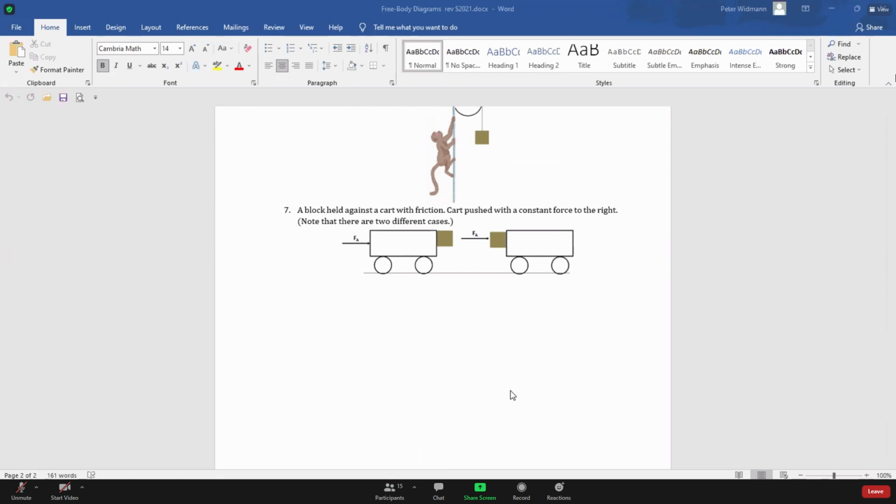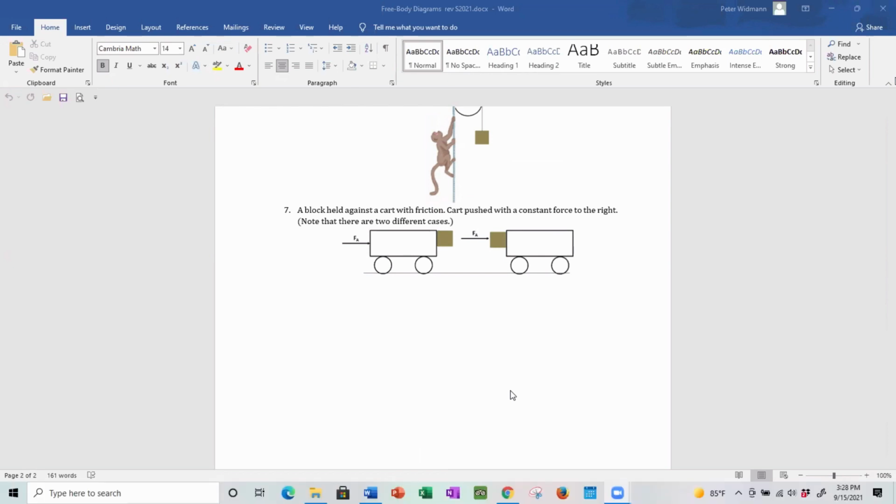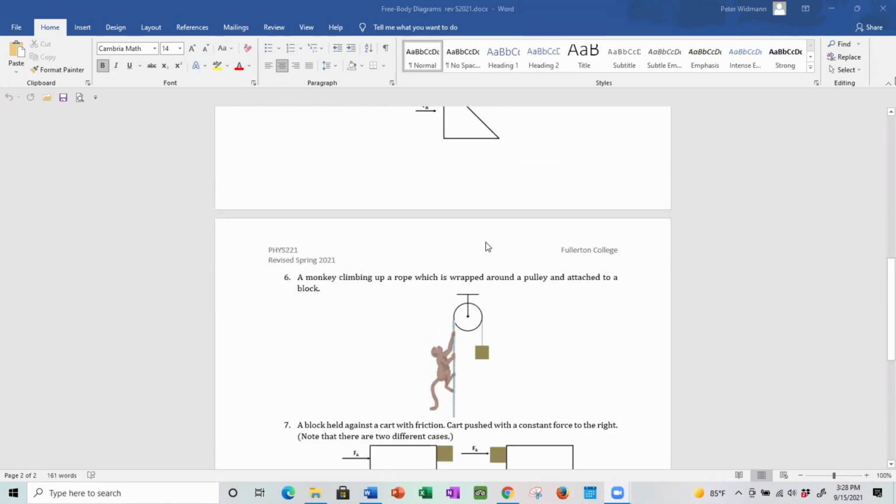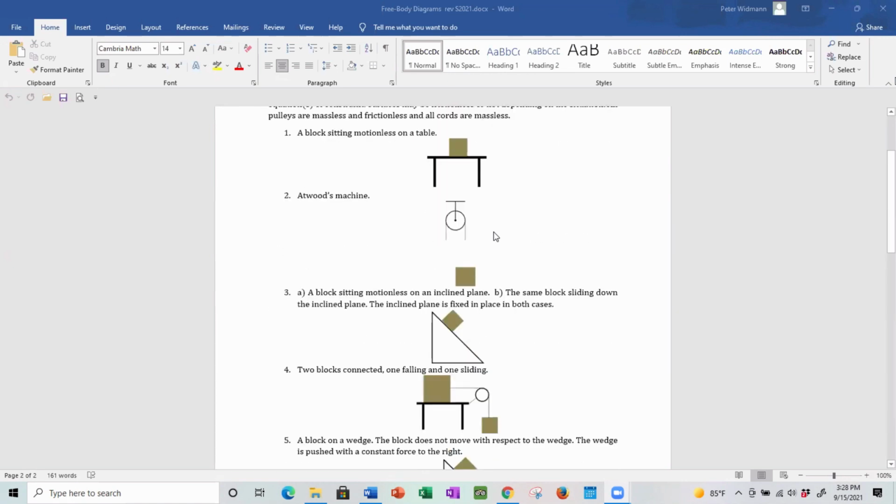No, the block is held up because there's a frictional force between the block and the cart. Okay, so it's not a ratio of acceleration, gravity, or anything like that? Okay.